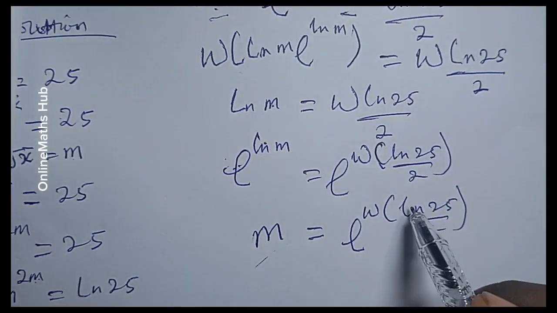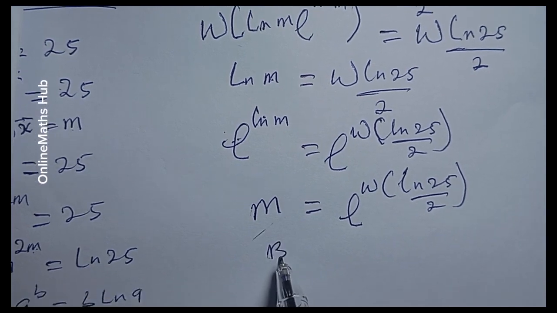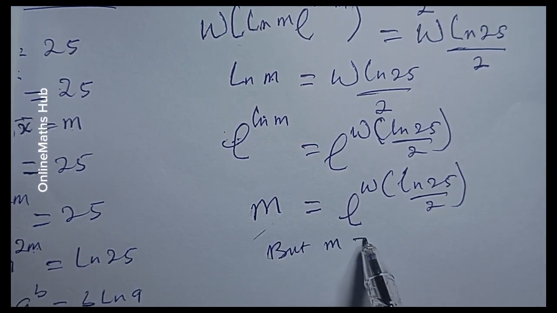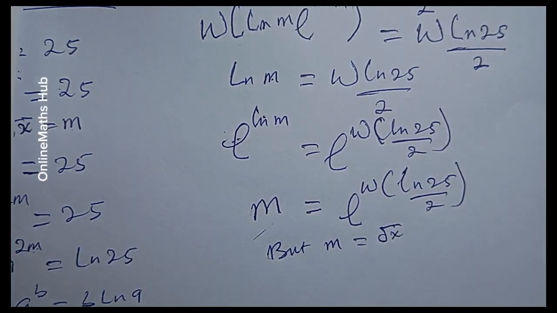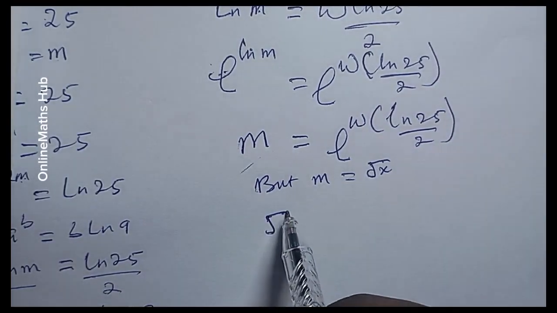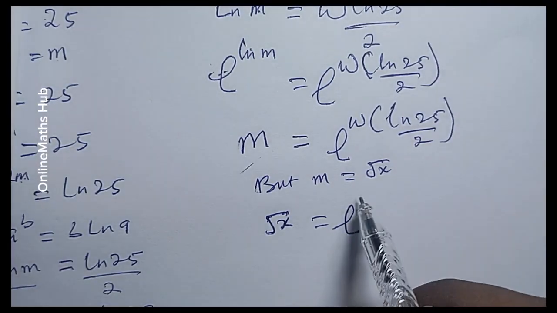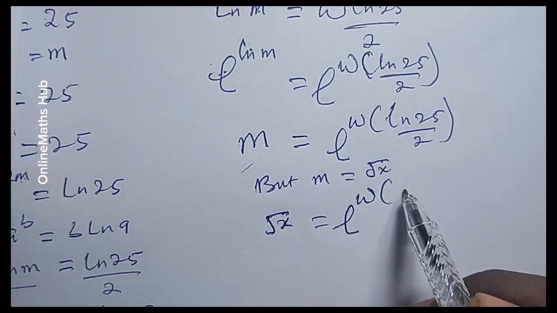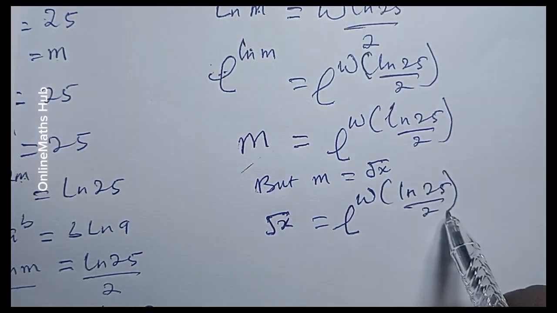So this is what we have, but you remember that we set this m to be equal to root x. So I'm going to replace it here, because we are looking for the value of x, so that root x is equal to the exponential of Lambert W function of natural log of 25 divided by 2.